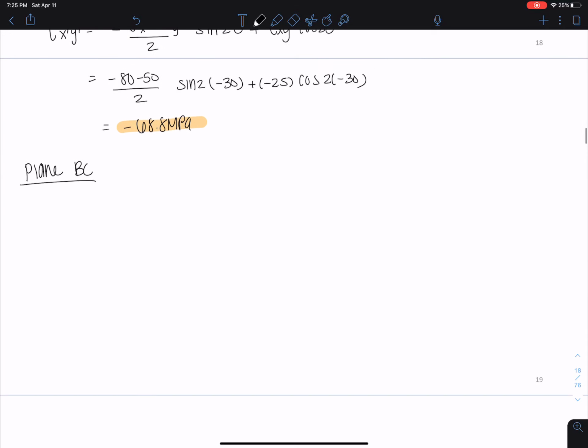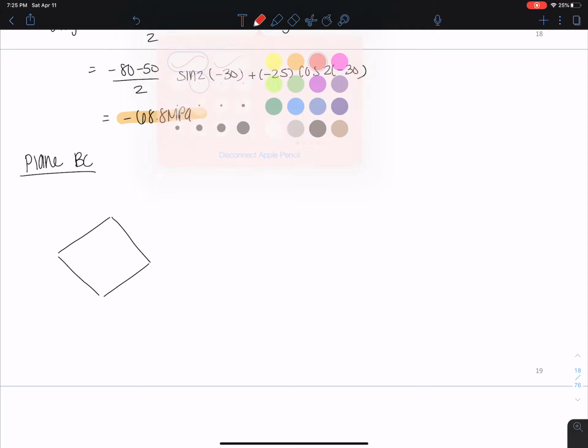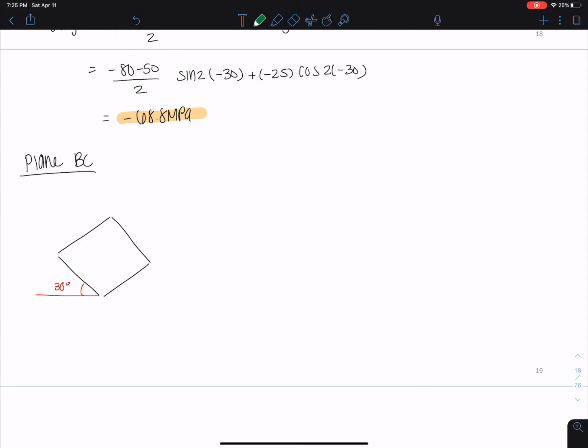So what we'd have here is still the same rotated element. We would have this as 30 degrees. And here this now would be our x prime.